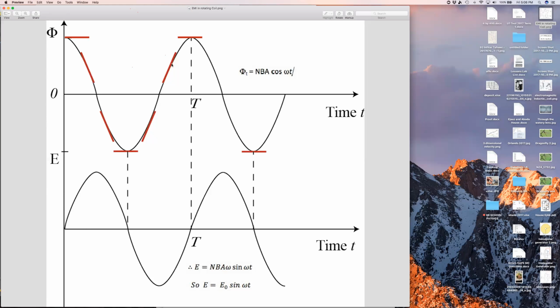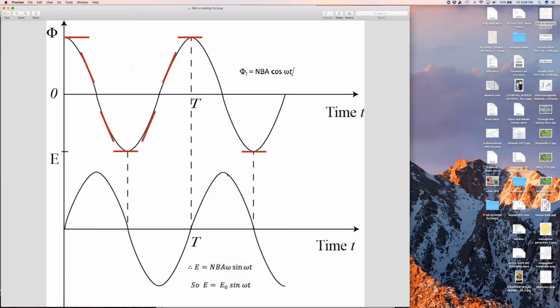Here, when the slope is positive, the EMF is the negative of the slope, so the EMF is going to be negative. So without doing the calculus, you can use these two diagrams to justify that a cosine function for phi would produce a sine function for E. All right?